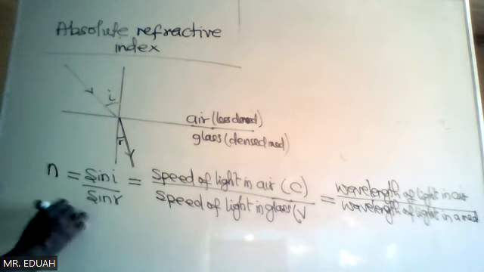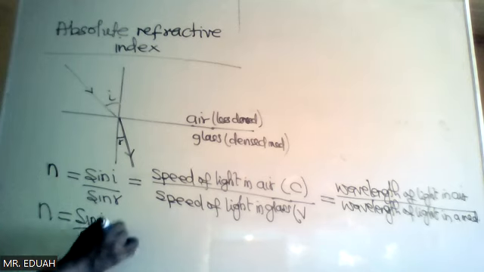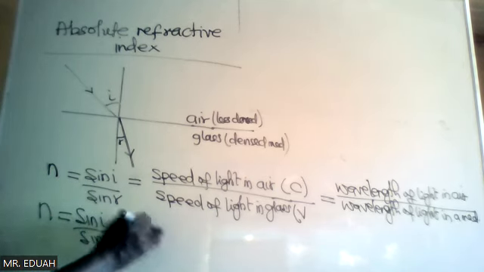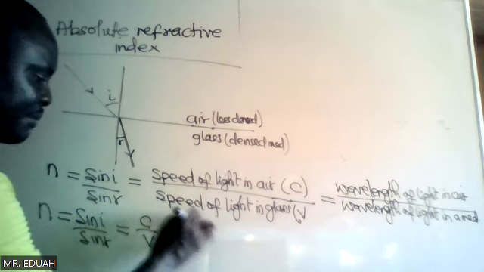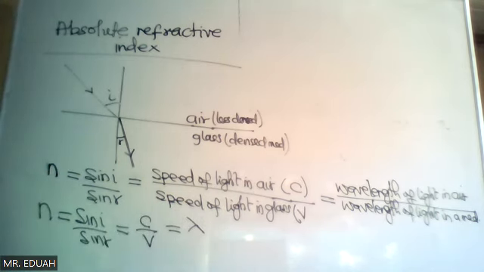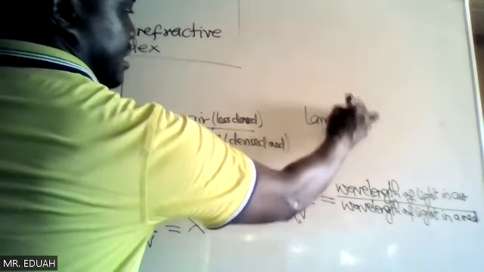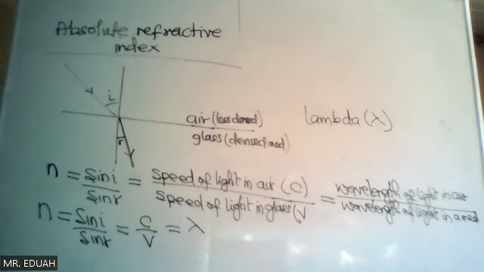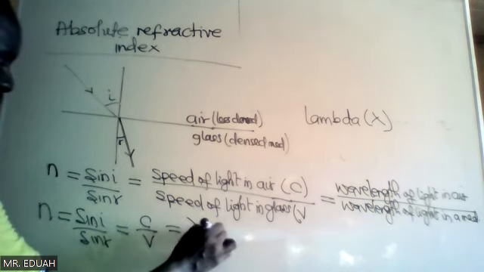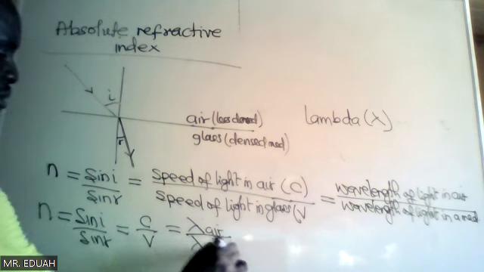So n is equal to sine I on sine R, which is also equal to c over v, speed of light in air over speed of light in a medium, which is also equal to lambda. The symbol for wavelength is lambda. It's a Greek letter, lambda. Wavelength of light in air over wavelength of light in a medium.